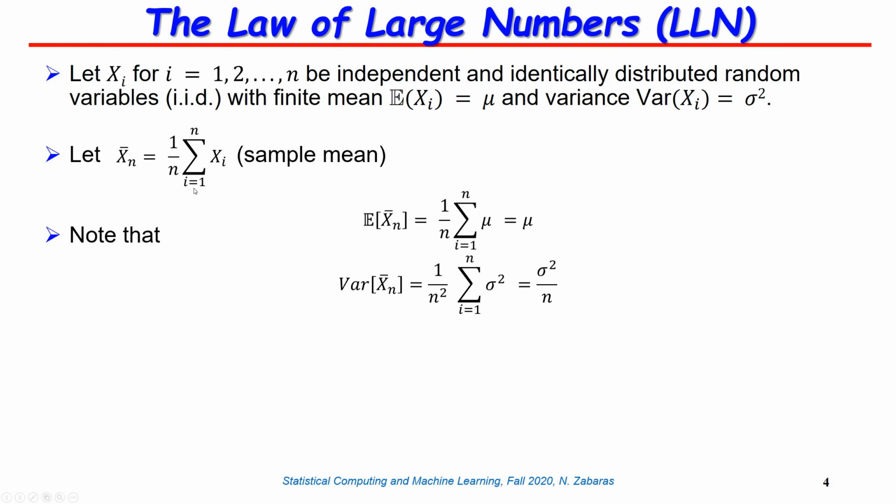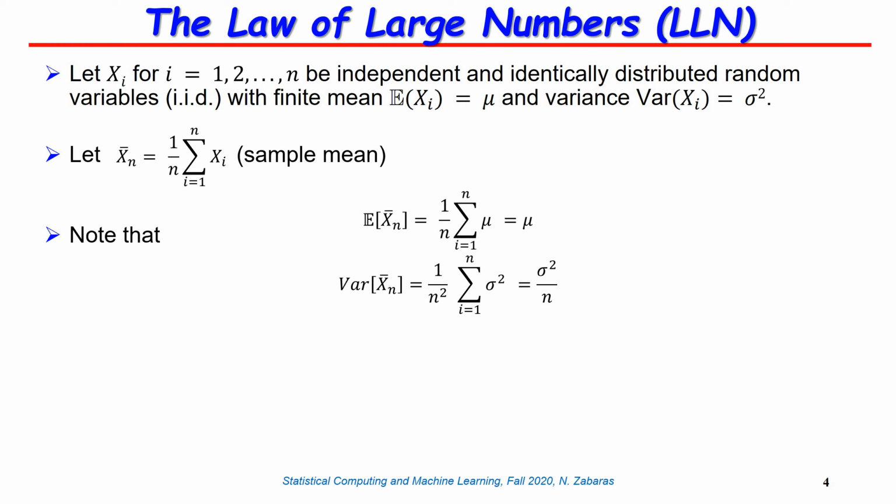I can do the same thing with the variance, where each term is 1 over n times xi. So the variance will be the sum of the variances, and I get sigma square over n. So the expectation and the variance of the sample mean are given as mu and sigma square over n respectively.